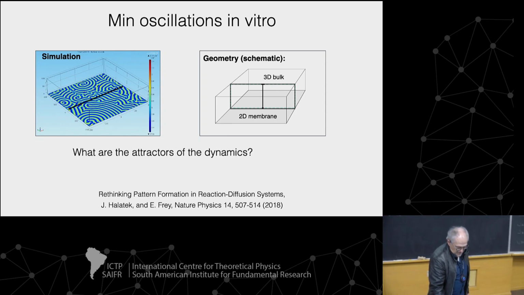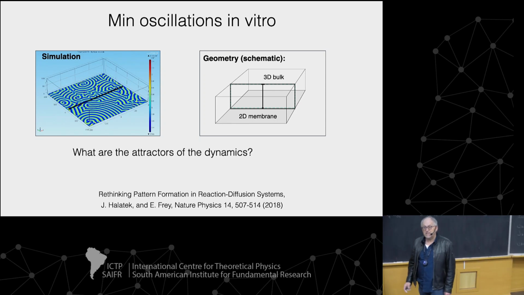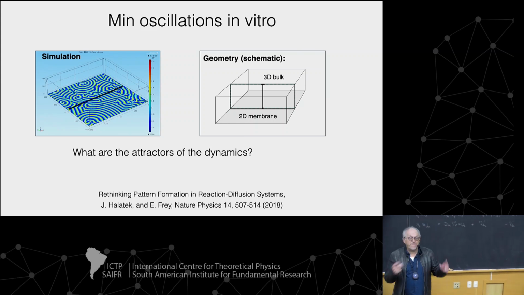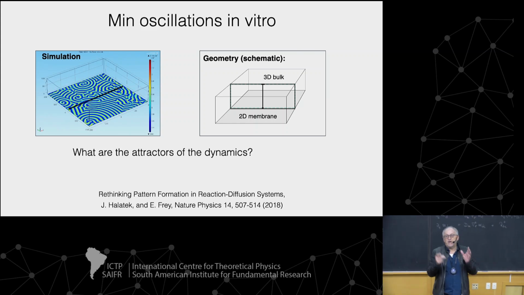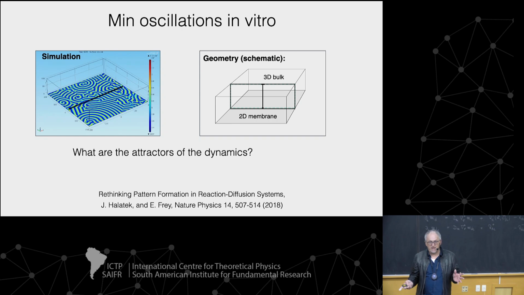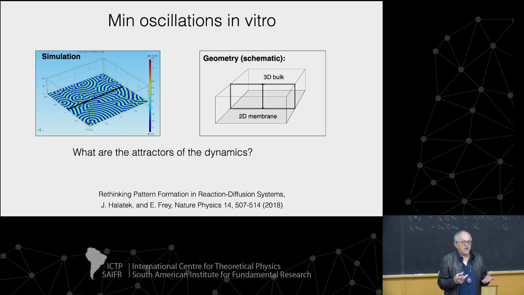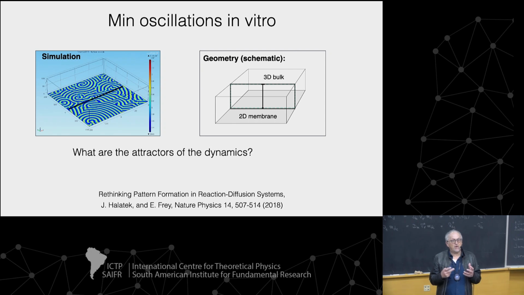And then you ask yourself, what is the attractor of the dynamics? Not the fixed point, the limit cycle, but what is the attractor of the spatial dynamics? So can I somehow define a geometric object in phase space that corresponds to the flux balance subspace that we saw yesterday?